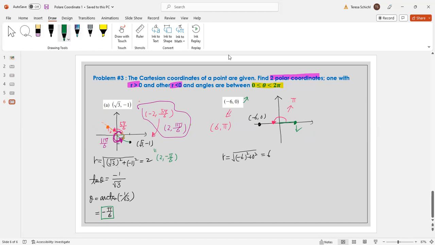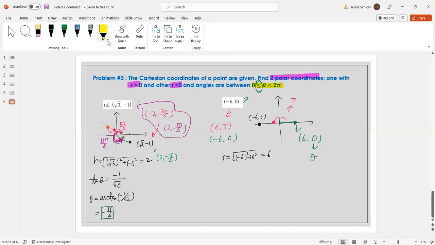This is (6, 0), and this is the angle theta. Because the problem says theta can be equal to 0, that's fine. So now I flip back, that's why I get (-6, 0). So this point can be represented by these 2 points.